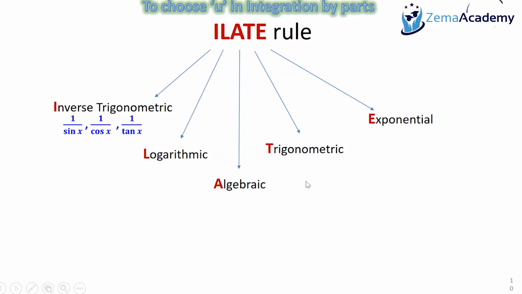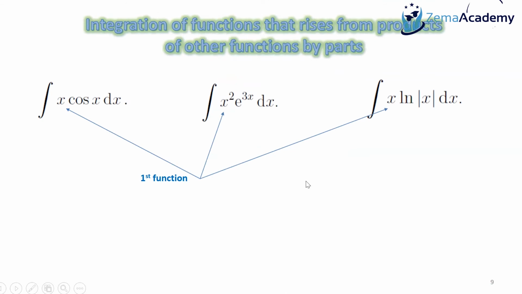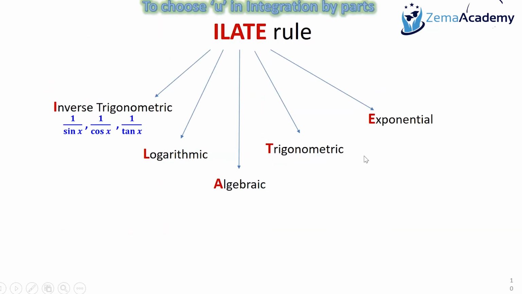Let me go back to the example. This was the first example: this is the algebraic function and this is the trigonometric function. Looking at this chart, the first one was the integral of x cos x dx. Here the algebraic function lies to the left of the trigonometric function.